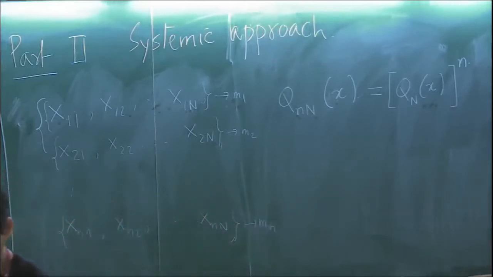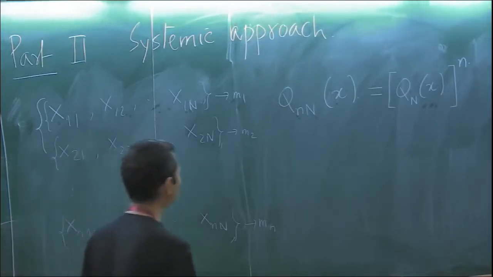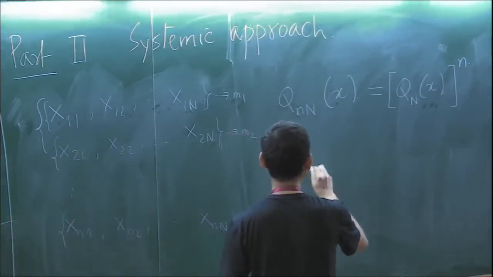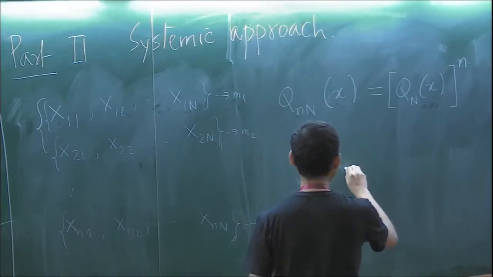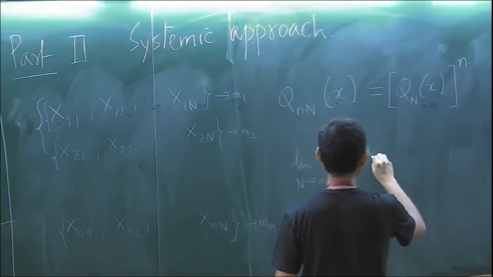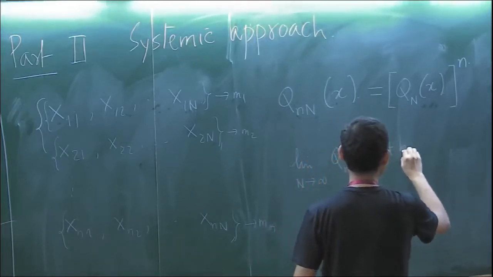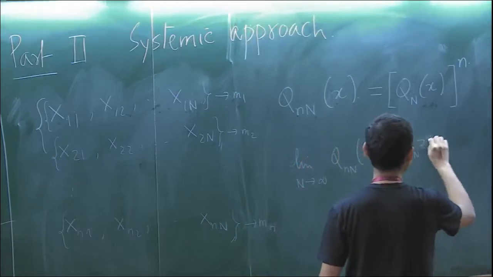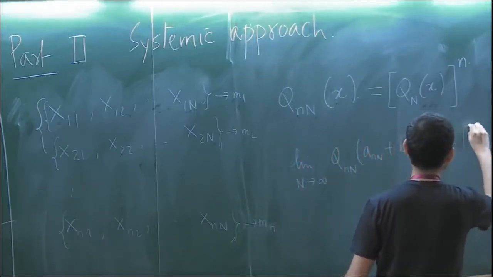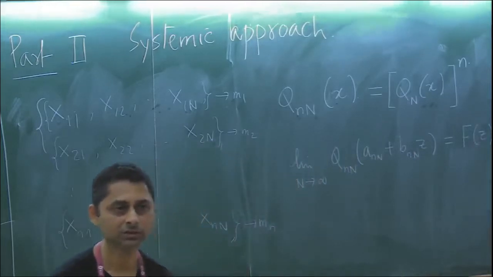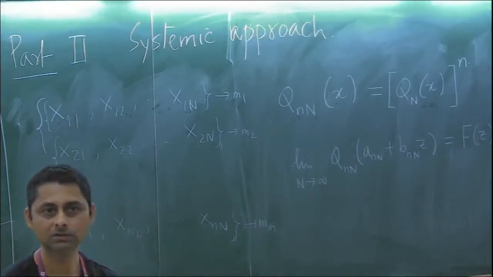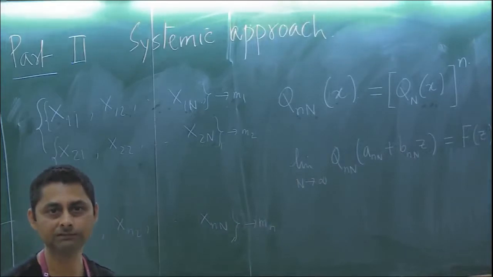Now if a limit distribution exists, then we say that the limit as n goes to infinity of Q n n, evaluated at some a n n plus b n n z, goes to some limiting function. If n is very large, this is how we define it.